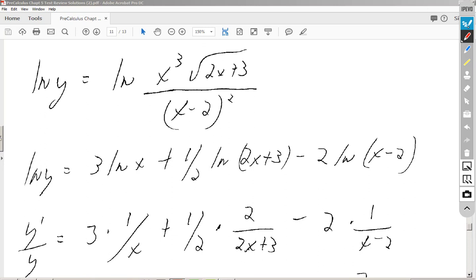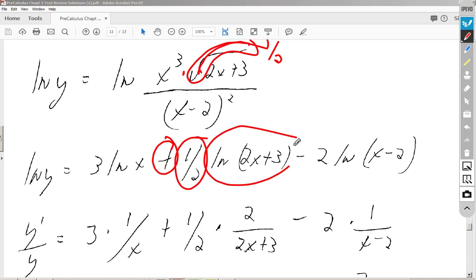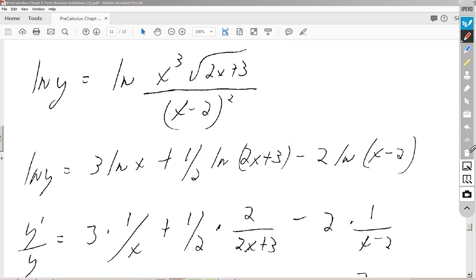So here I've got my x cubed, it's going to go out in front. I still have my ln of x right here. I've also got times right here, which means plus. And now this square root is actually a half power, so that's also going to go out in front. Now I have the ln of 2x plus 3.